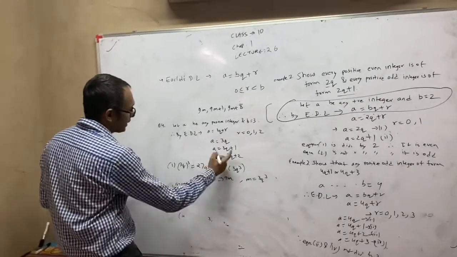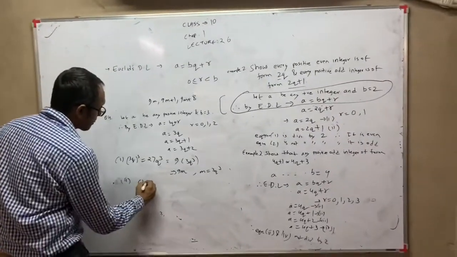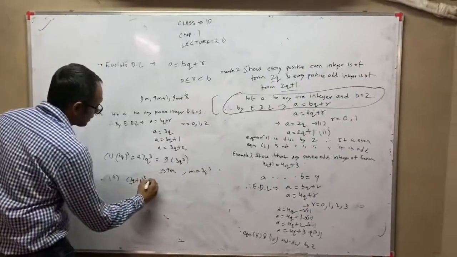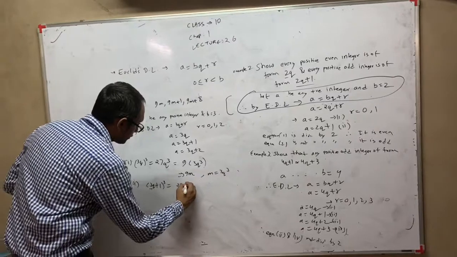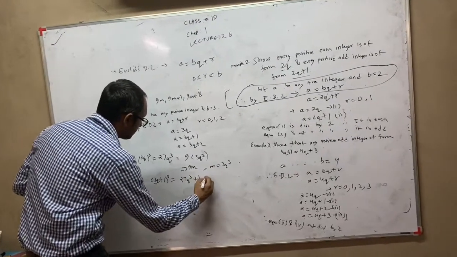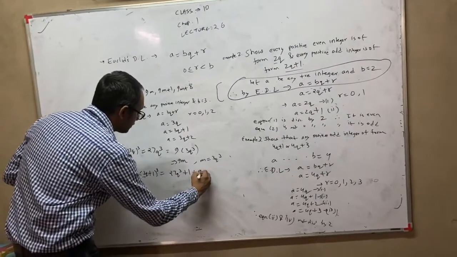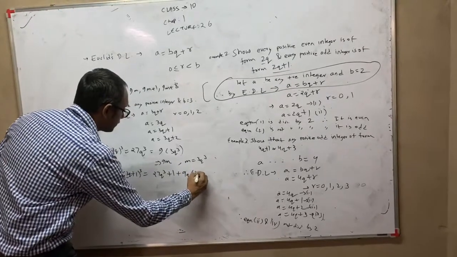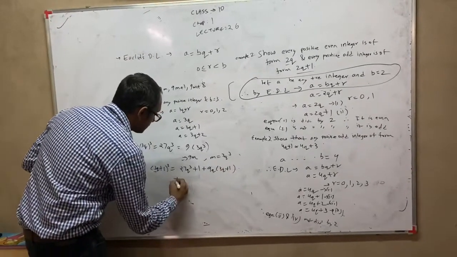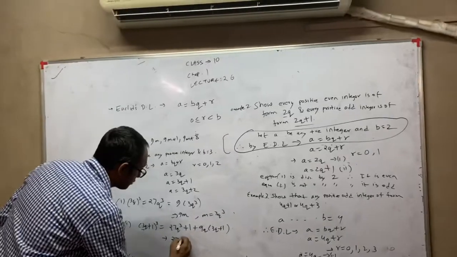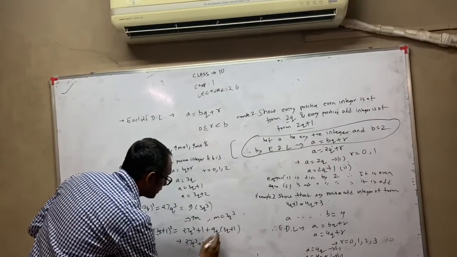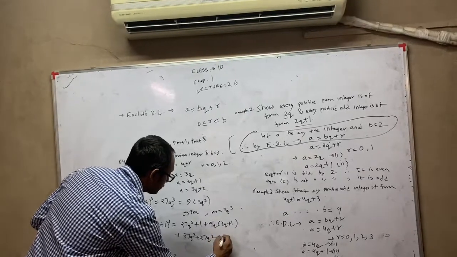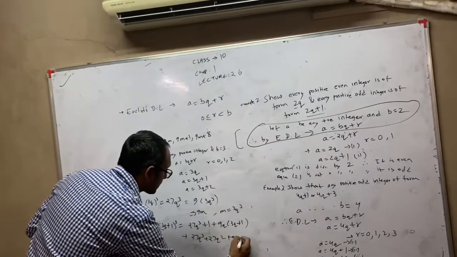Now second, I have to do the cube of 3q plus 1. So this will be 27q cube plus 1 plus 3 3 is 9q bracket a plus b. So 27q cube, 9 3 is plus 27q square plus 9q plus 1.